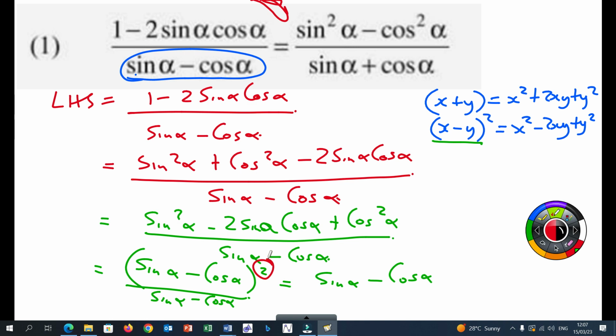Where do they come from? And what is it called? So one of those 2 cancels with this denominator because they are the same. Then you get this.